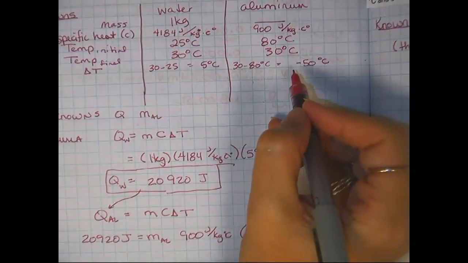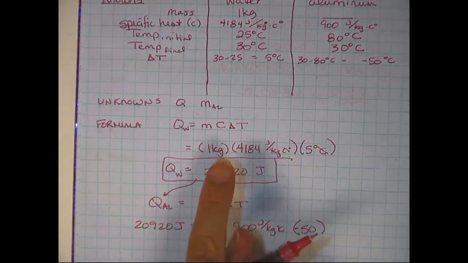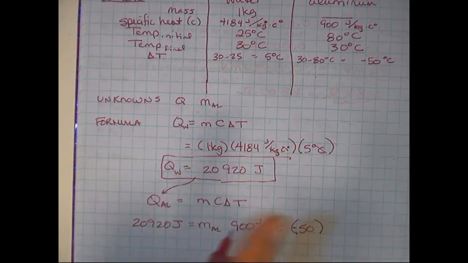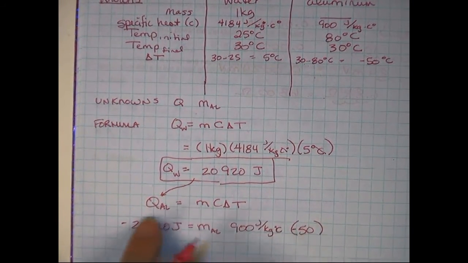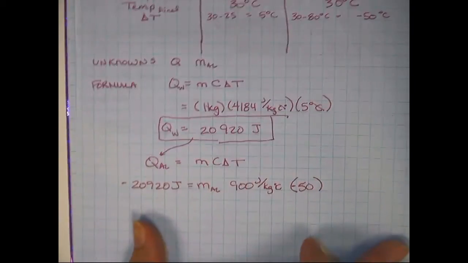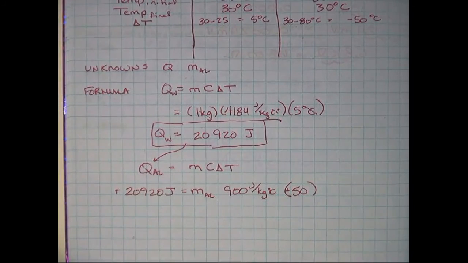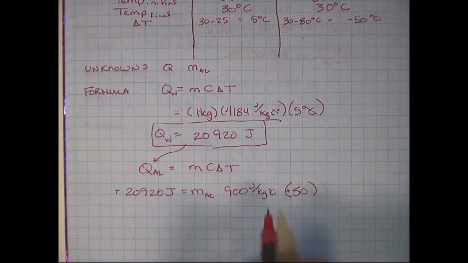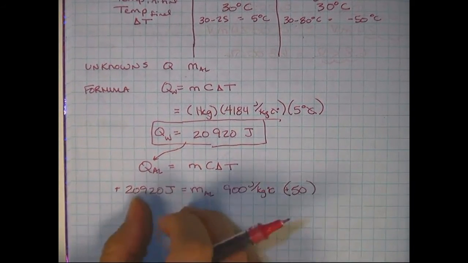Now, if you want to use this negative here, basically what it comes out is we lost the heat here and we gained it here. So this would also be a negative because we lost it here. So that's where that negative balances out. So that negative cancels on both sides. So I need to multiply these two numbers together here and then divide on the other side.